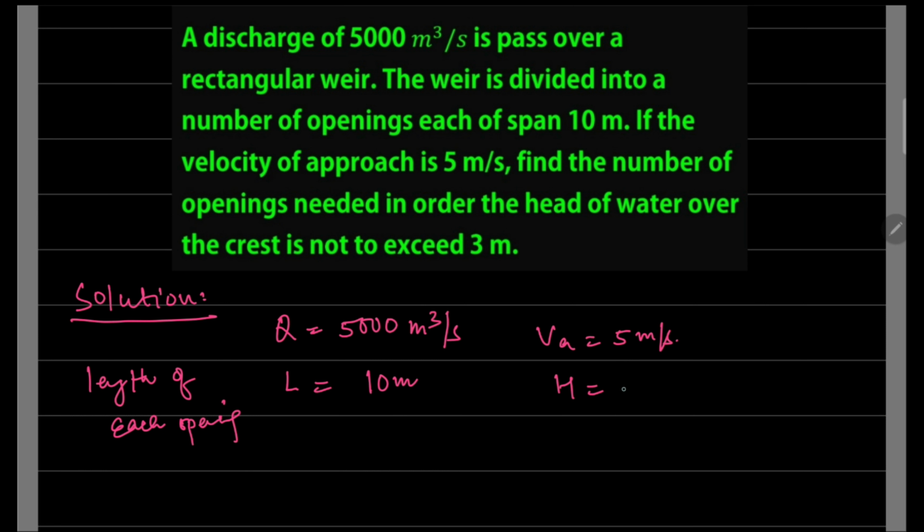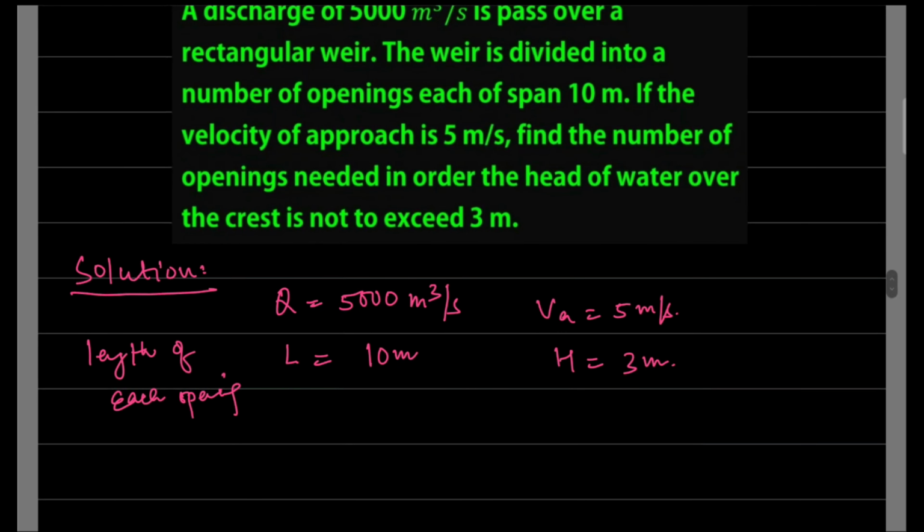So H is 3 meter. Now everything is given to us. With these values we can go for the solution of this problem. We have to figure out the number of openings. So let's say the number of openings is n.